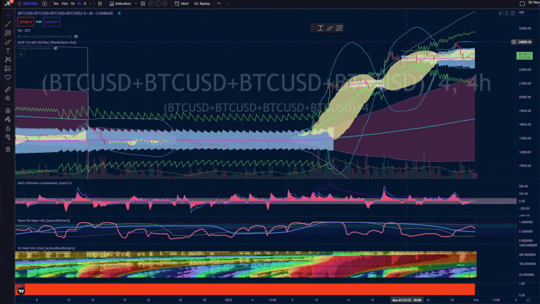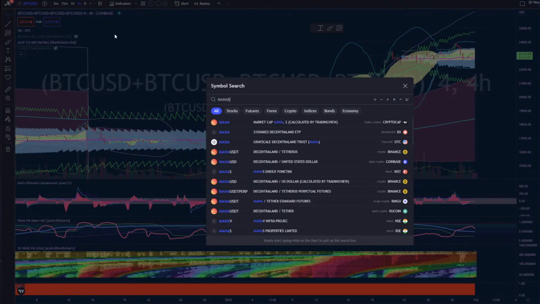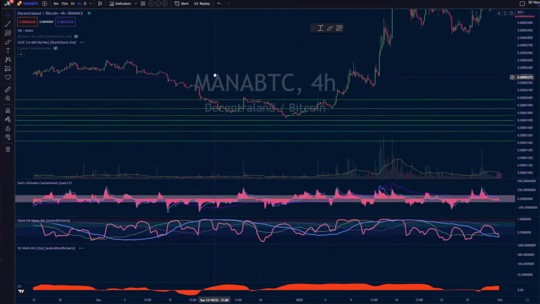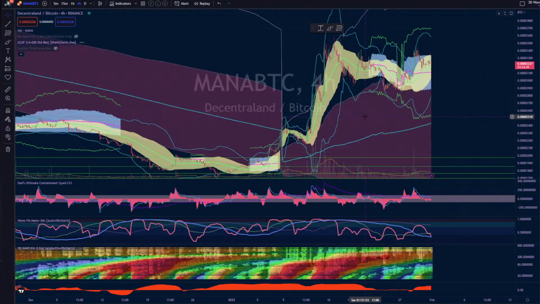Let's take a look at the Discord questions. Starting off with Mana. Shall we? Mana BTC. Very high volatility on this pivot here.